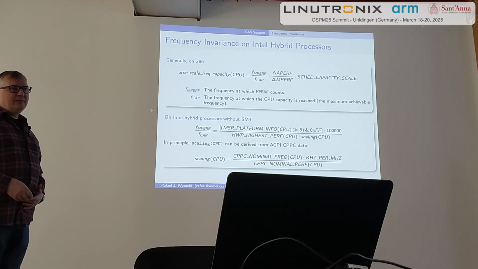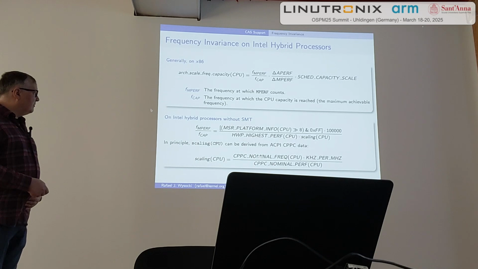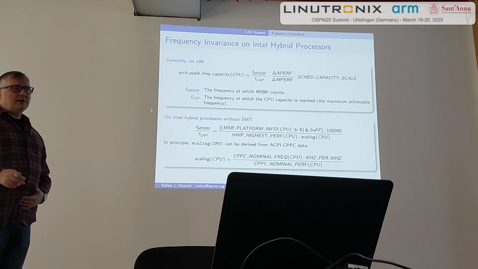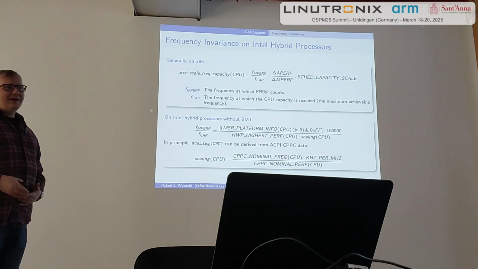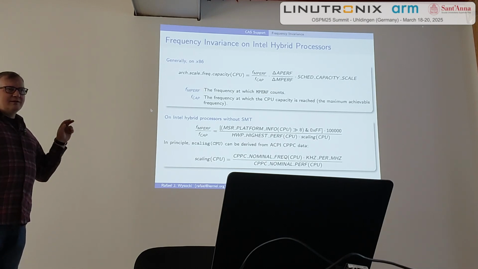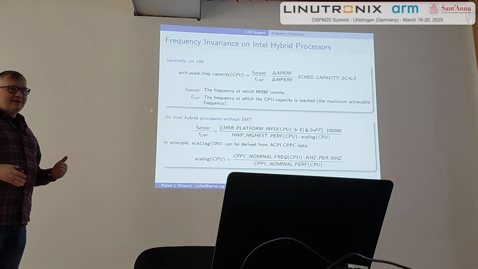Now that piece of information can also be derived from CPPC data, but it depends on the platform firmware. Because nominal_freq and nominal_perf in CPPC are just integer numbers, which means that the OEM provides them, and OEMs may or may not want to provide accurate numbers and may want to tweak them somehow for value add or similar.